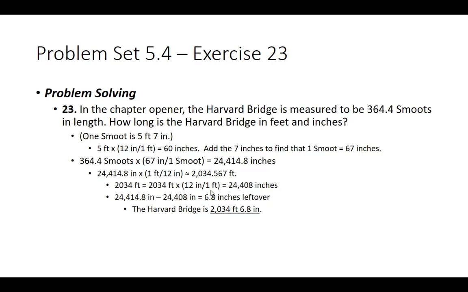Feet cancel, leaving us in inches, 24,408 inches. If we subtract that from the 24,414.8 inches, we get 6.8 inches left over as a remainder. So it's 2,034 feet and 6.8 inches. The Harvard Bridge is 2,034 feet, 6.8 inches.